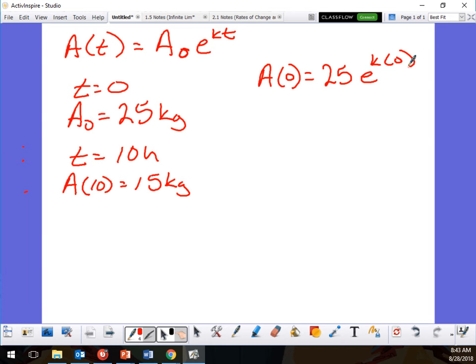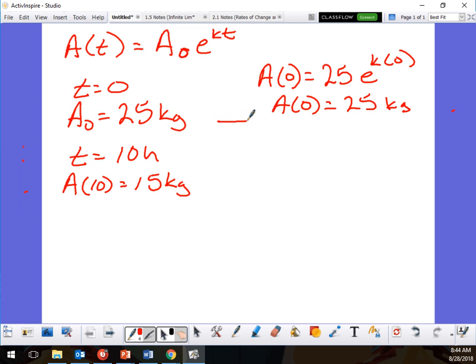Okay, so now, what is 0 times k? 0. Thank you. What is any number raised to the 0 power? 1. Thank you. Any number to the 0 power is 1. So that means this is going to be 25 times 1, right? So that means that A sub 0 is 25. Okay? Makes sense. Okay, this is the basic part.